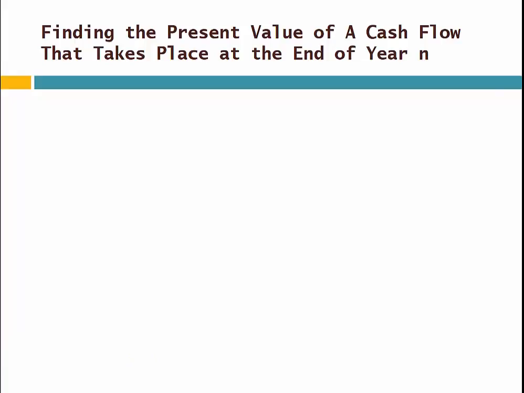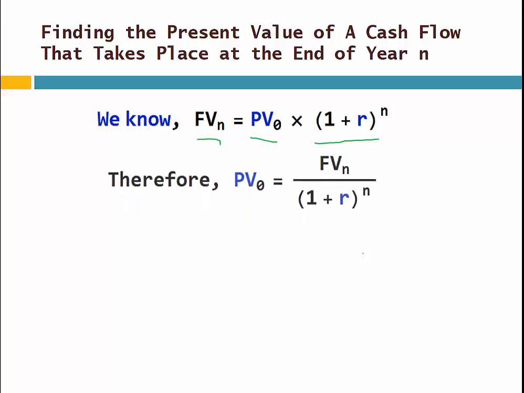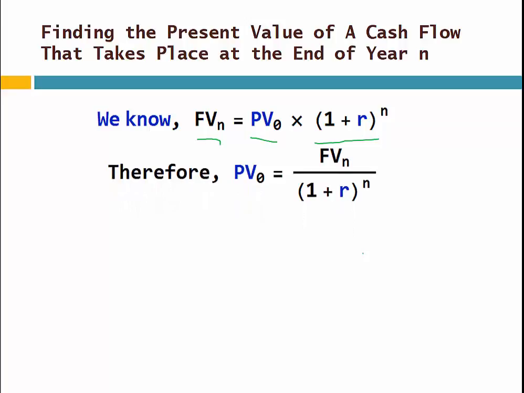So let's get started. I want to start with a very powerful formula, which is future value equals present value times the compounding factor, 1 plus r to the power n. So we can rewrite this function, present value in terms of future value.